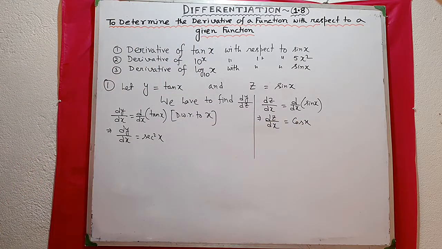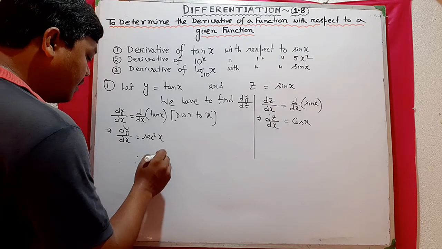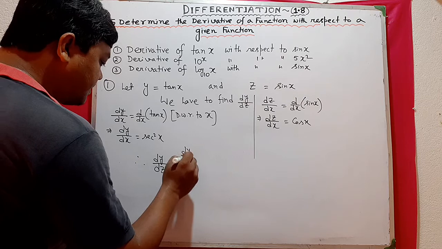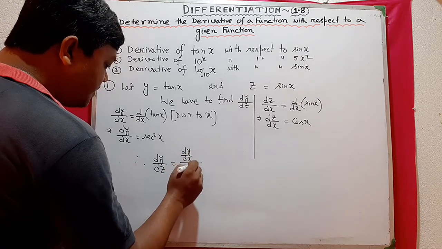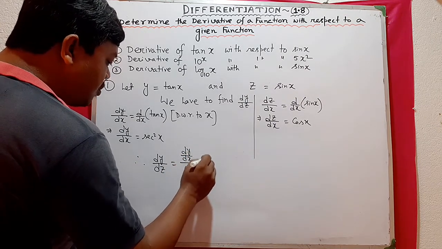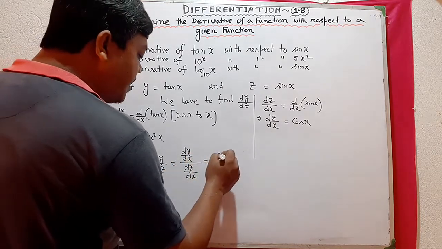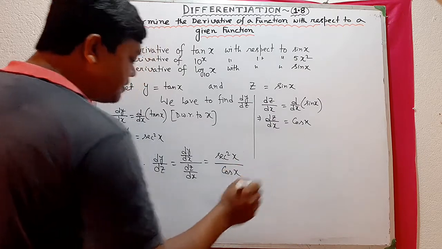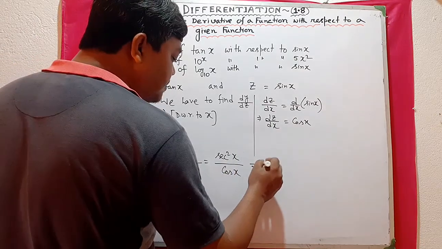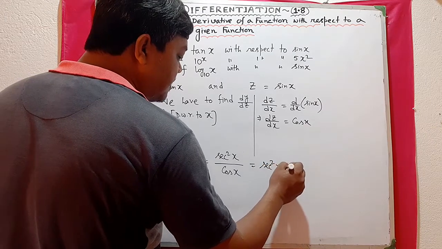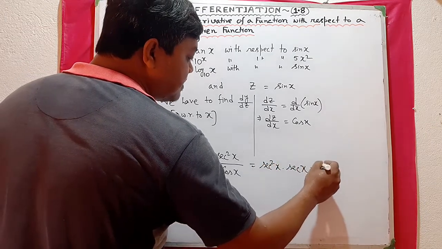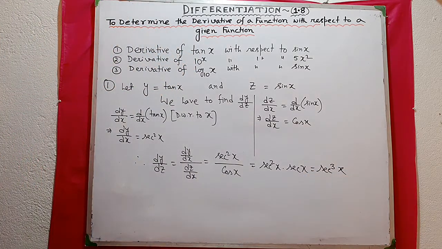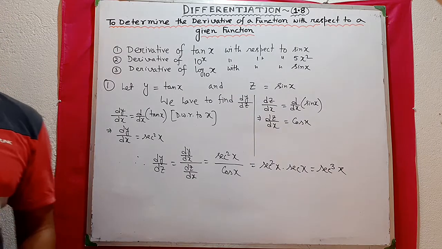Clear? So therefore dy/dz equals dy/dx by dz/dx. dy/dx is sec square x and dz/dx is cos x, so 1 by cos, that is sec square x into sec x, that is sec cube x, or you can say 1 by cos cube x. Okay, so problem number 1 has been solved.